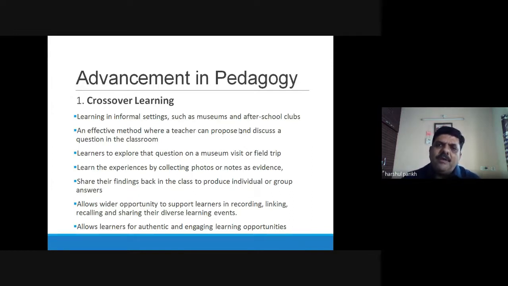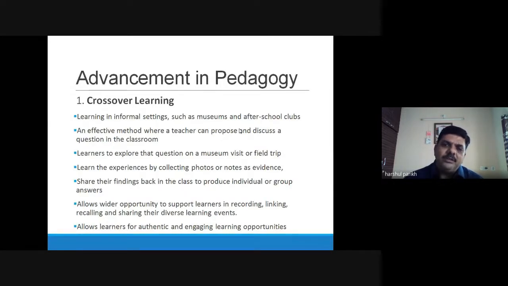Certain advancements may be helpful in our day-to-day teaching practices. What is that? First is crossover learning. Here, the teaching learning is in an informal setting. Formal settings means classroom teaching, whether it is an online class or offline class.